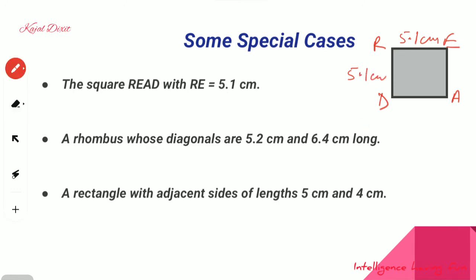So clearly all the 4 sides can be written as 5.1 centimeter, and all the angles are of 90 degrees. So automatically we will get the 5 measurements: 2 included angles are of 90 degrees and the 3 sides are 5.1 each. Fine, so let us construct this quadrilateral.